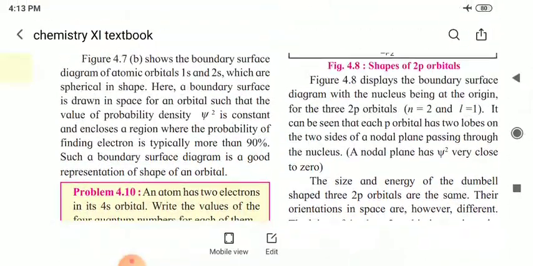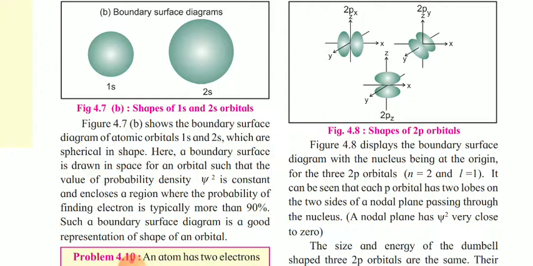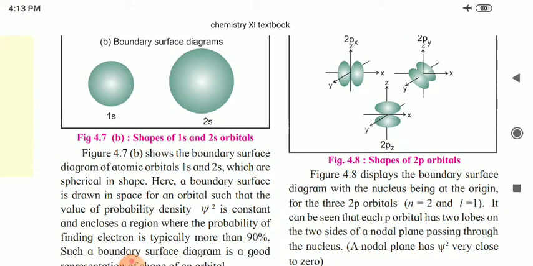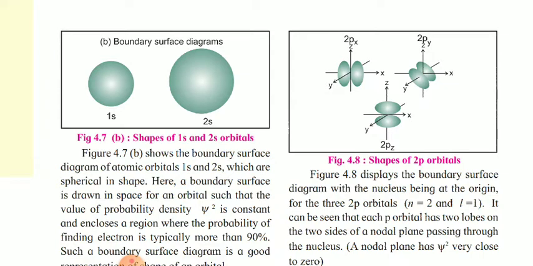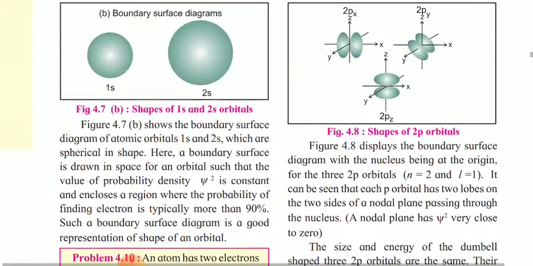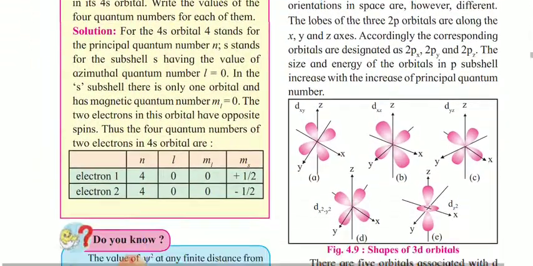Now, if we look at the shapes, the 1s and 2s orbitals are spherical, while the 2p orbitals have three different types: 2px, 2py, and 2pz. Students, their corresponding shape appears as a dumbbell shape.